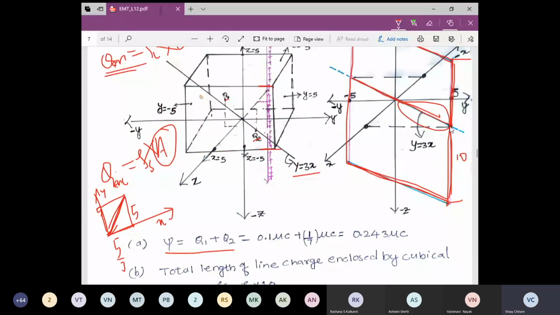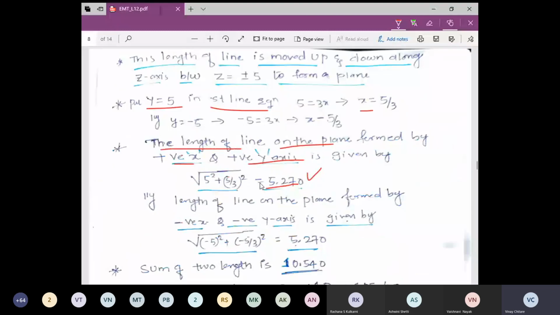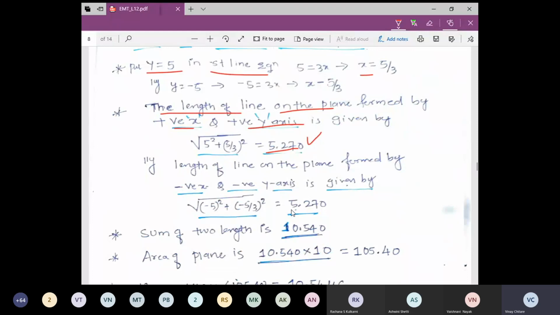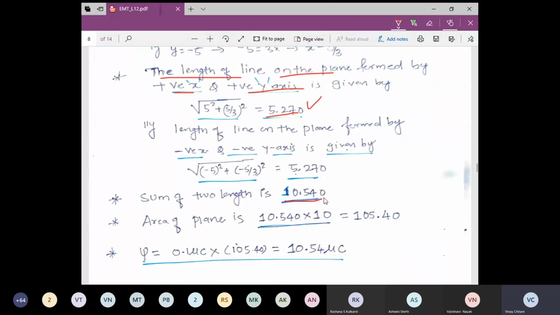In this figure, we found this length, and obviously this length will also be the same as this length. So the total length of the line which is really trapped inside that closed surface or volume is 10.54. It's an addition of these two.